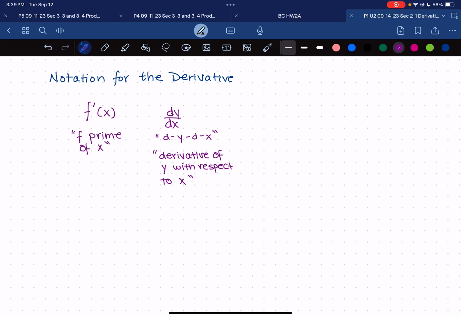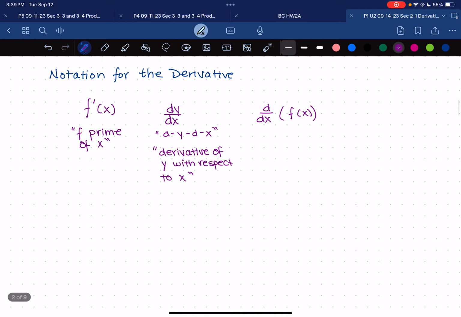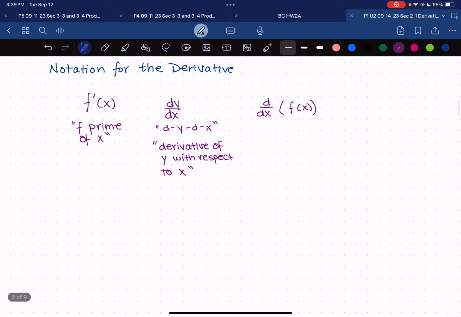We can also say dy dx of f of x. You'll see this kind of notation. And then also similarly, because we know that instead of writing an f, you can have a y.